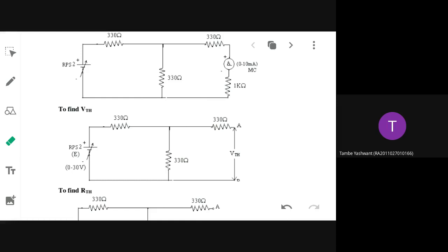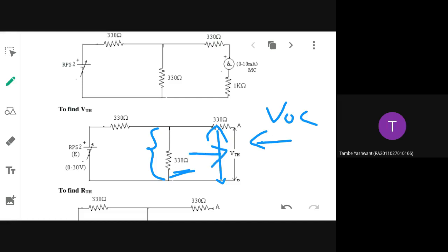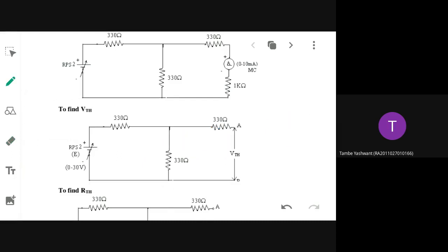This circuit: how to calculate VOC manually. You opened this terminal. So whatever voltage you are having across this 330, the same voltage will be obtained as V Thevenin. So you need to find out the current here by applying KVL.